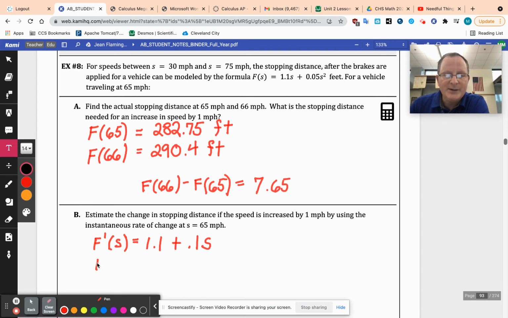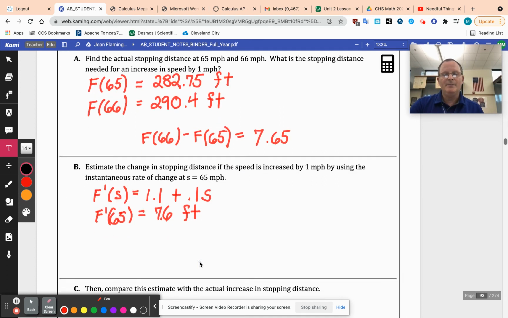All right, so f prime of 65 then is going to be 1.1 plus 0.1 times 65. And that's 7.6. How about that? So it's pretty close to the actual amount that was needed to move up 1 mile per hour. It was 7.6. And that's in feet.